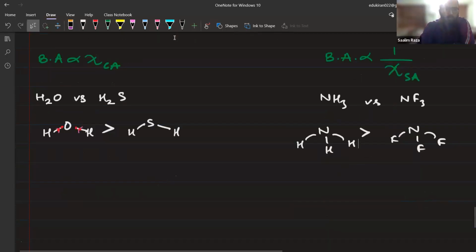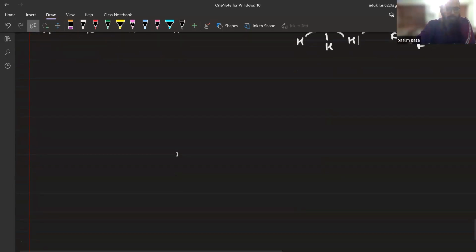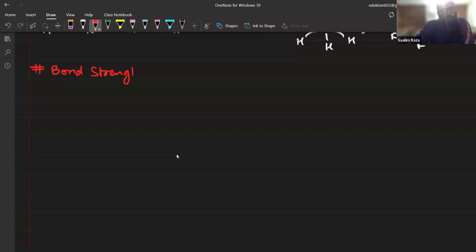If everyone is done, then we are going to write the next point, that is the bond strength. Please write the heading. Bond strength or bond energy. Please write here.